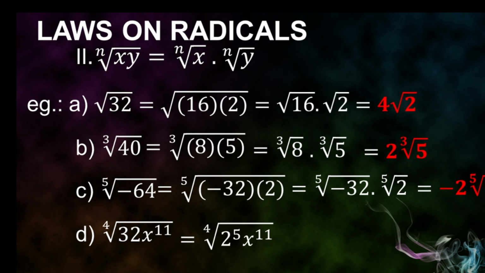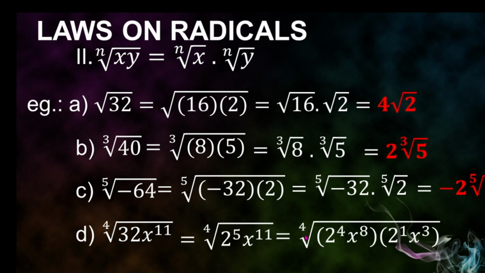So we are going to factor 2 raised to 5 as 2 raised to 4 times 2 raised to 1. While for x raised to 11, the highest multiple of 4 that we could derive from x raised to 11 would be 8. So therefore, we can factor x raised to 11 as x raised to 8 times x raised to 3.